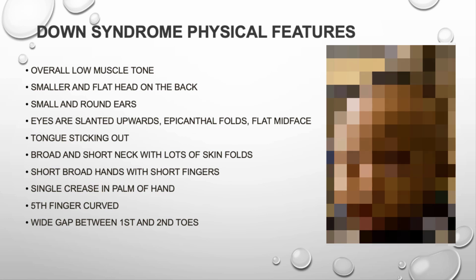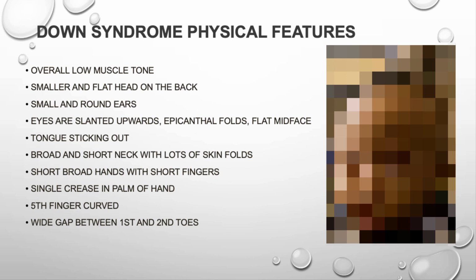The head tends to be smaller and flat in the back part. The ears could be small, and sometimes you see what is called upslanting palpebral features, which means the outer part of the eye sort of moves upwards. And in some cases you can see in the corner of the eye something that is called an epicanthal fold, which is almost like a skin tag.